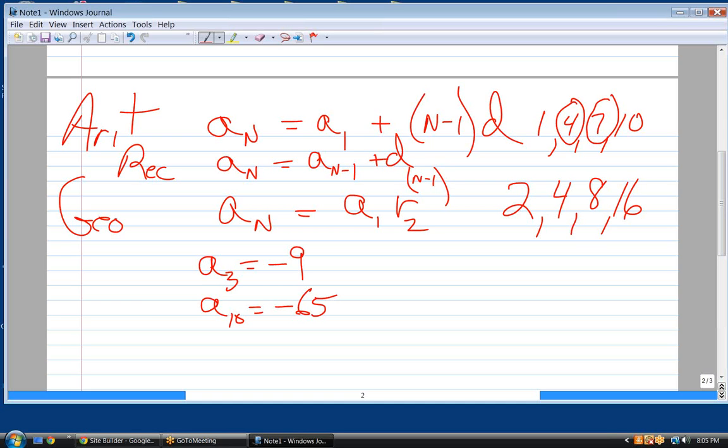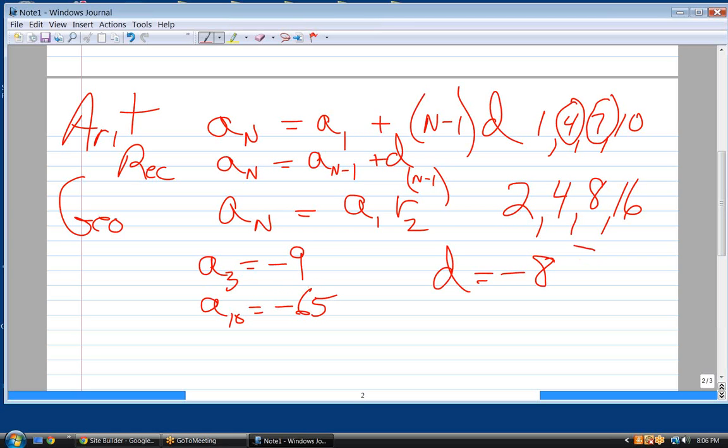Wouldn't you just take whatever the difference between them is divided by 7, so 56 divided by 7. So negative 8. The common difference is negative 8. In other words, a sub 4 is minus 17, a sub 5 is minus 25, and so forth.